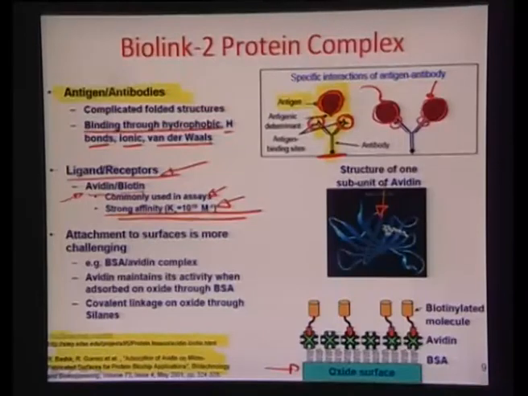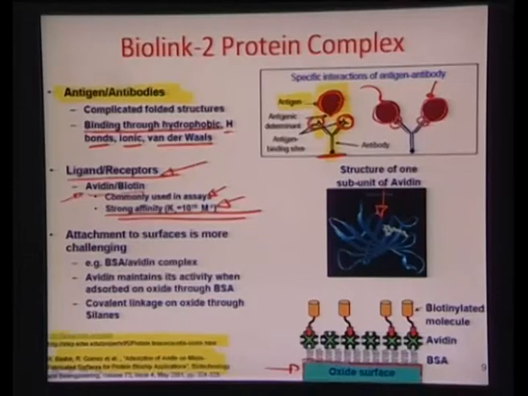Once the protein is protonated, you can create this charged surface of the oxide to have the exact opposite charge, so that there is a binding of the protein. In this case the protein is BSA, bovine serum albumin, onto the surface of the oxide, as you can see here. And this BSA is somehow biotinylated.